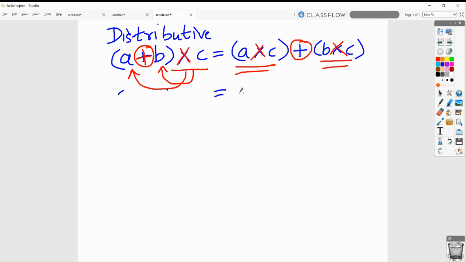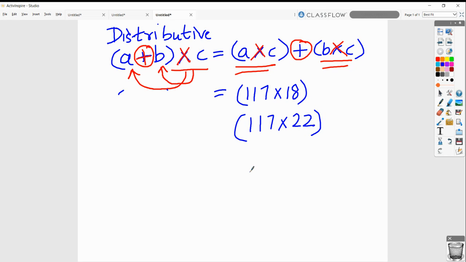Now, if you have to multiply 117 times 18, and also you have to multiply 117 times 22, you have to do both these operations and then finally you have to add them.